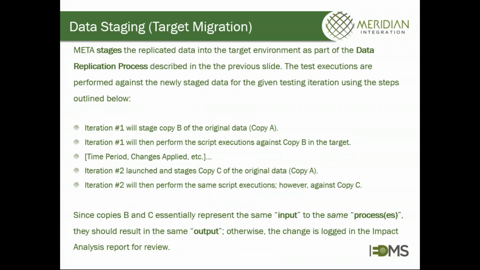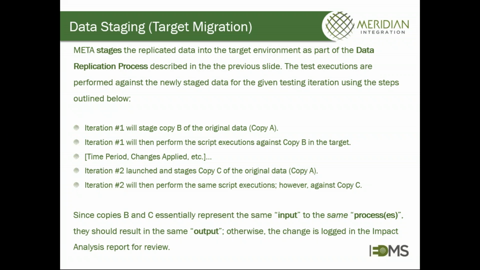As a good segue from the previous slides, data staging plays an integral part in the process. Meta stages the replicated data into a selected target environment during the replication process. Earlier, I mentioned the pre and post data. This information is staged for every test iteration.